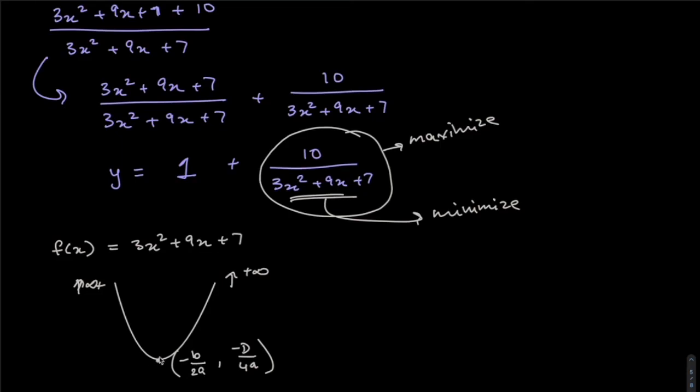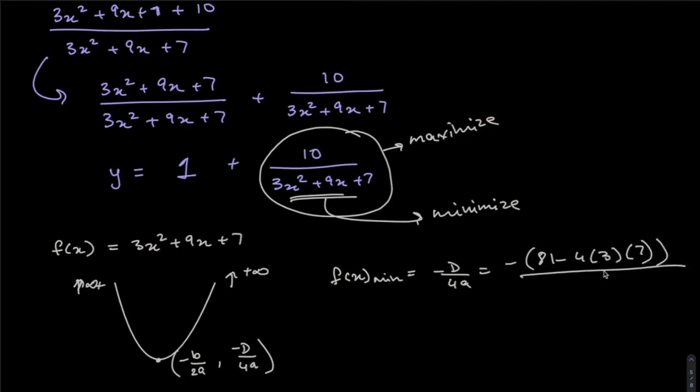So what we're going to do is find minus d by 4a. So f of x minimum is minus d by 4a, where d is b squared minus 4ac, the discriminant. If we put in the values, we get 81, like 9 squared, minus 4 times a, 3, and c, all upon 4a.